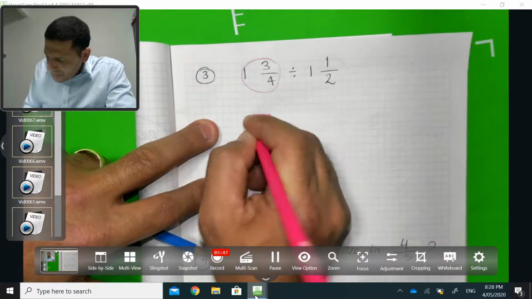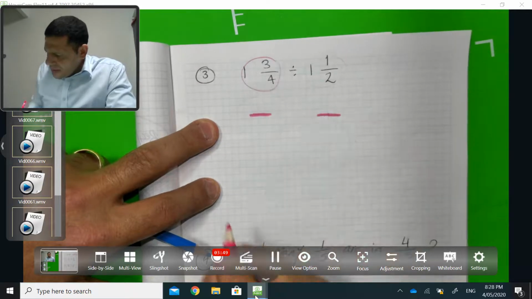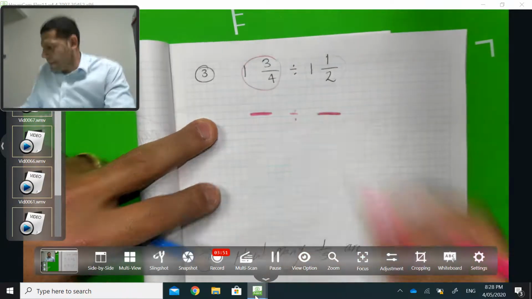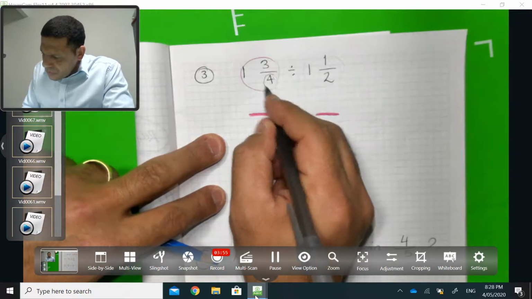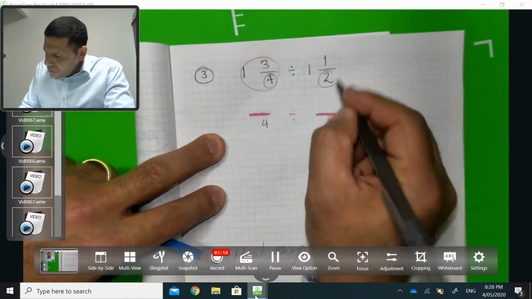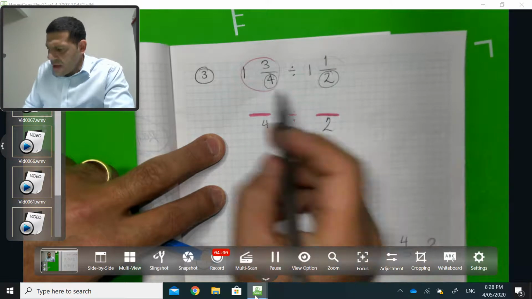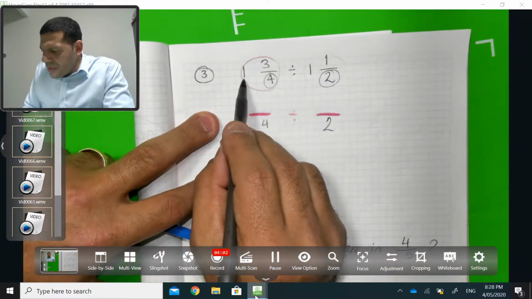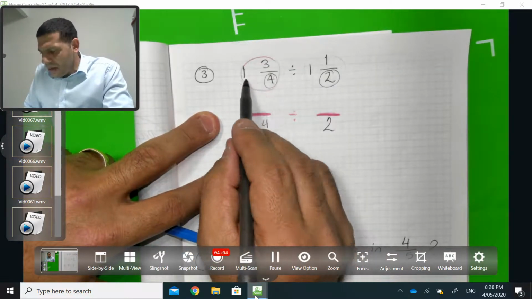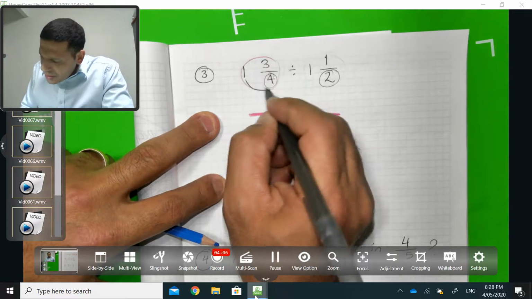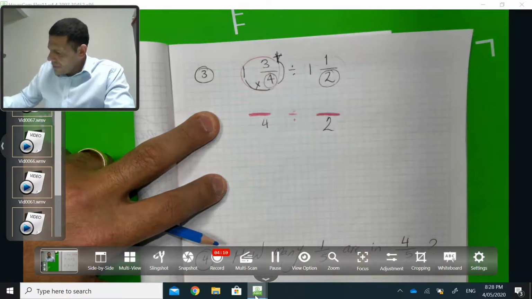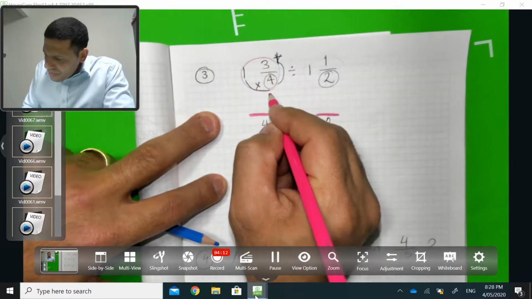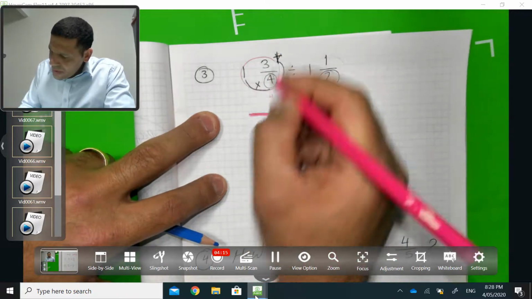Number 1, you write the fraction and then keep the same denominator as it is. 4, you write it as 4. 2, you write it as 2. Don't change it. And then you raise the fraction up, which means you do 2 steps here, multiply and then plus. So 1 times 4 is 4, and then 4 plus 3 is 7.